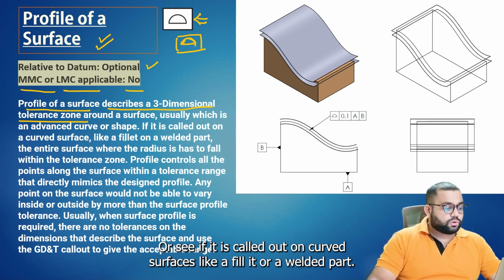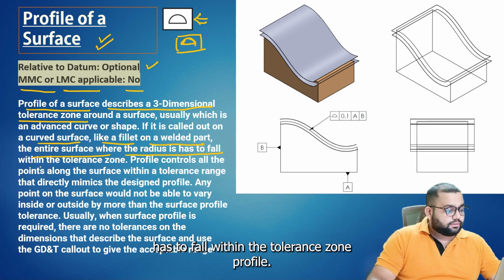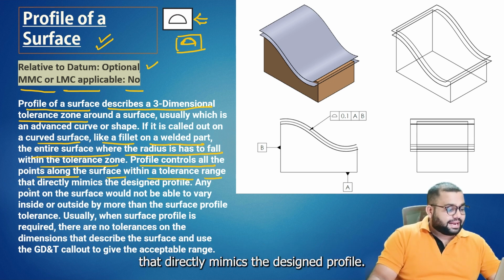If it is called out on curved surfaces like a fillet or a welded part, the entire surface where the radius is has to fall within the tolerance zone. Profile controls all the points along the surface within the tolerance zone range, which directly mimics the designed profile.